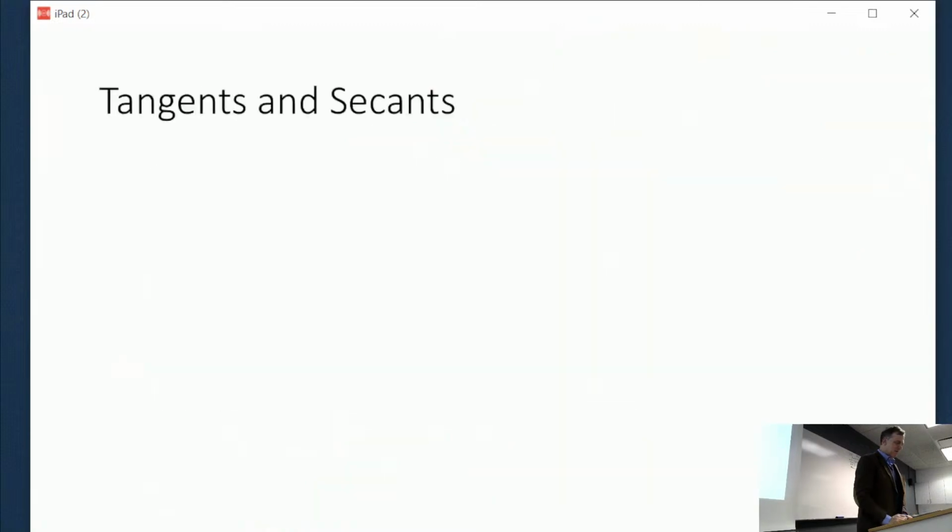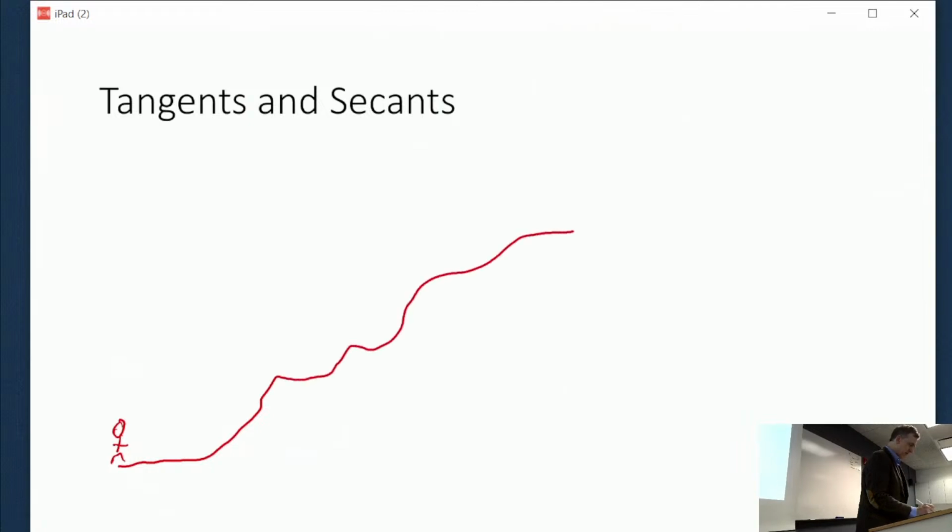Anyway, this illustrates the difference between a tangent and a secant. Let's just imagine I'm going to draw this hiker again. In reality, a hiking trail is not a straight line. Well, it's not even straight horizontally, but anyway, you have something like this.